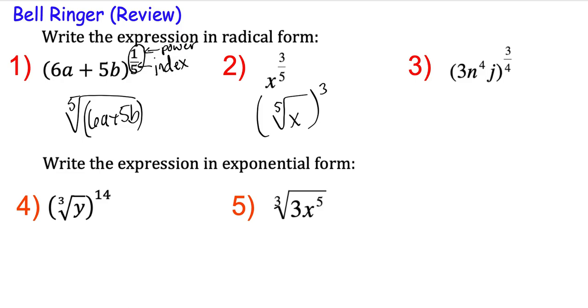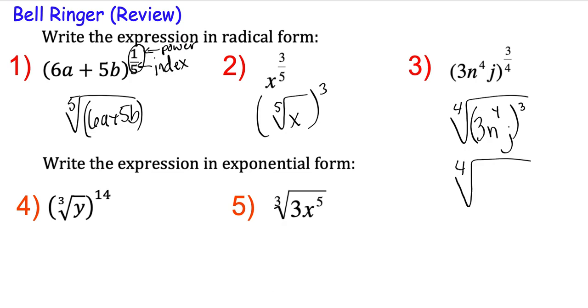Okay? And then we're doing this one, 4th root of 3n to the 4th, j, and that's raised to the 3rd power. And we probably want to simplify that one down. So 4th root of 3 to the 3rd power is 27, n to the 12th, j to the 3rd.